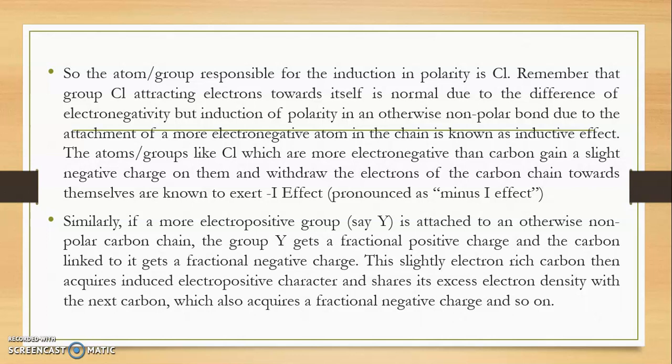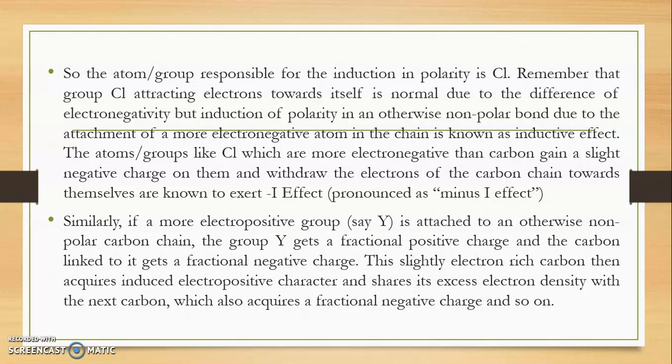This is known as the inductive effect. The atoms or groups that are more electronegative than carbon withdraw the electrons of the carbon chain towards themselves, and it is known as the minus I effect.